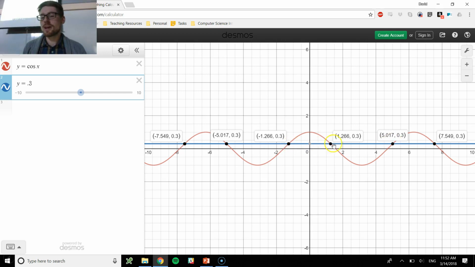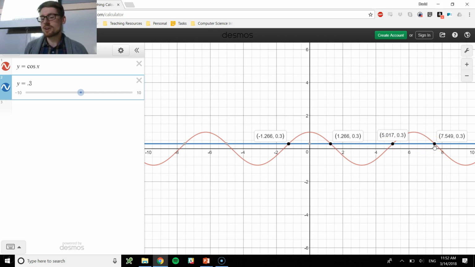So these two answers, I'll keep them highlighted, are the two that we wrote down. How could I get this answer that's at 5.017 from one of these two answers? To the negative one. So this one is coterminal to this guy, okay? So the negative 1.266, if I add 2 pi, I get over here.